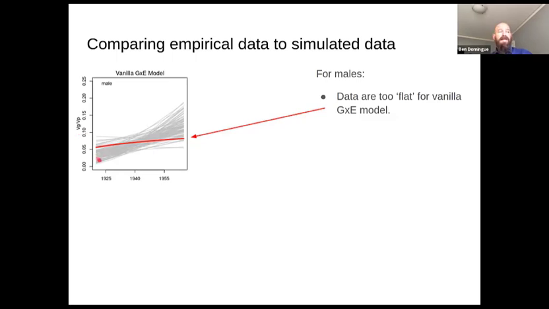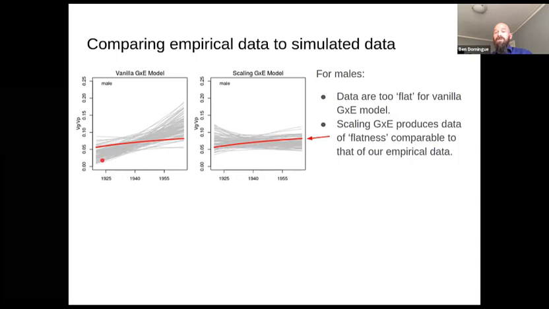Way less change than you get from the vanilla G by E model. The level of change is in fact quite consistent with our scaling model, which is precisely what we learned when we were unable to reject that the XE statistic is 0. That's equivalent to saying that the scaling model is a sufficient reduced form approximation of model 3 to generate our data. This is for the males.